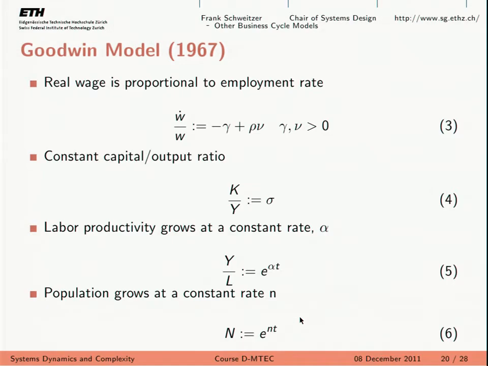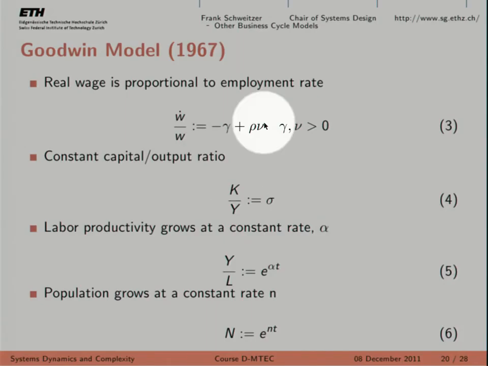Further assumptions. These are a bit more economic assumptions now, and they would require a bit more explanation. Now, how many of you have heard of the Phillips curve? Quite a lot, yes. This is a standard relationship between unemployment and inflation. And this is a linear Phillips curve, right?